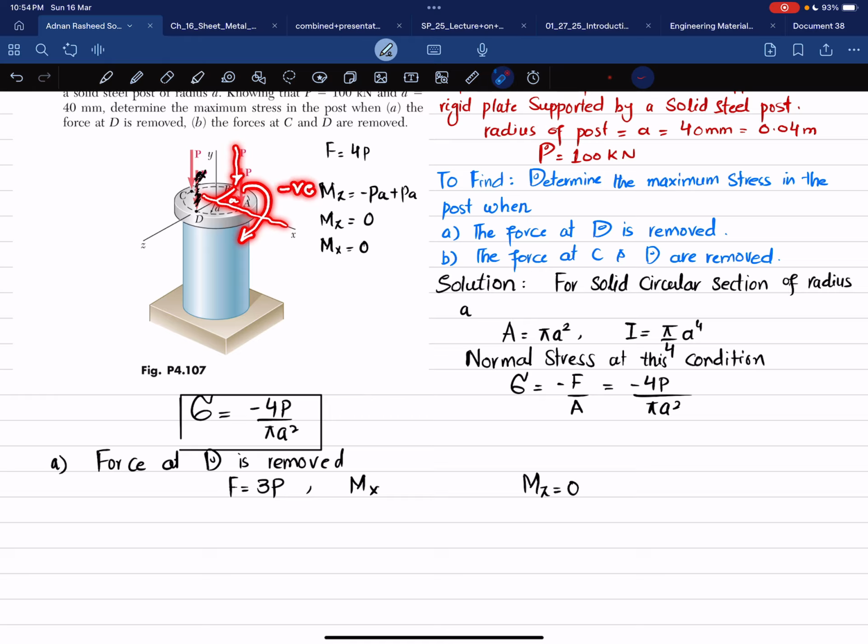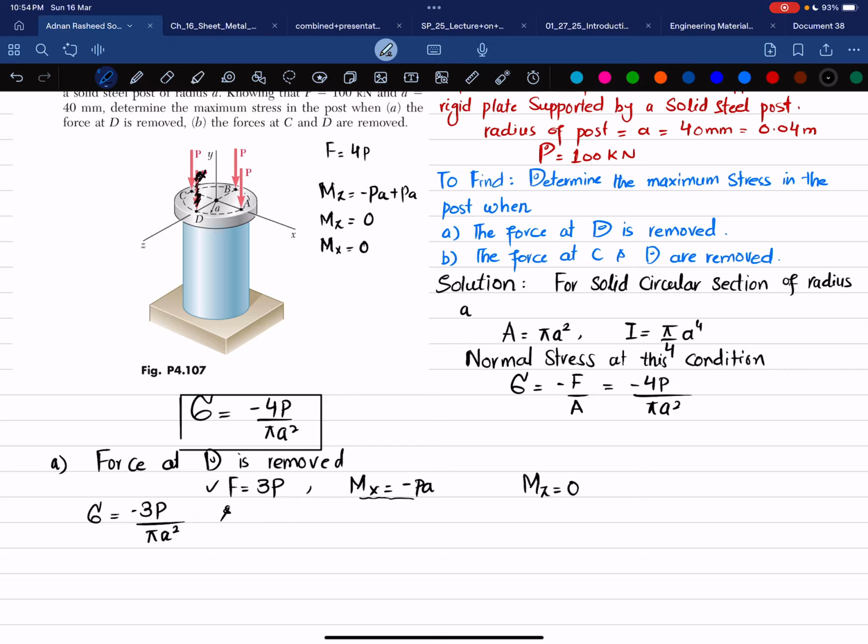As this force is removed, there is only a negative moment, and that will be equal to minus P times A. Now you can see that due to this normal force, we will have stress equal to minus 3P divided by pi A squared, and due to this moment about x, we have bending stress.